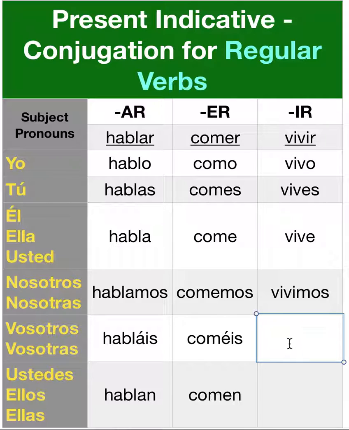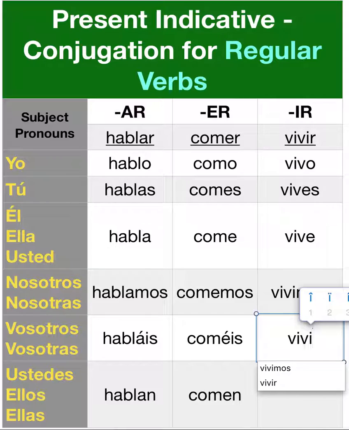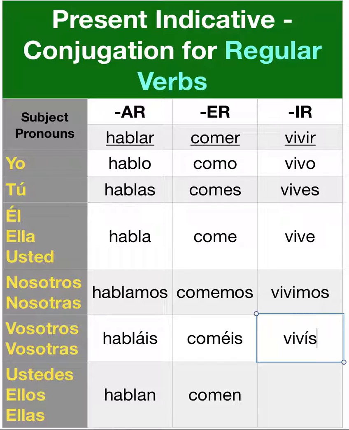And then we have vosotros, vosotras, you all live. For vosotros, we take the stem and then we add an accented i instead. Since we already have an i, we don't want another i, so we just add an s directly. Vosotros vivís, vosotras vivís. You all live.